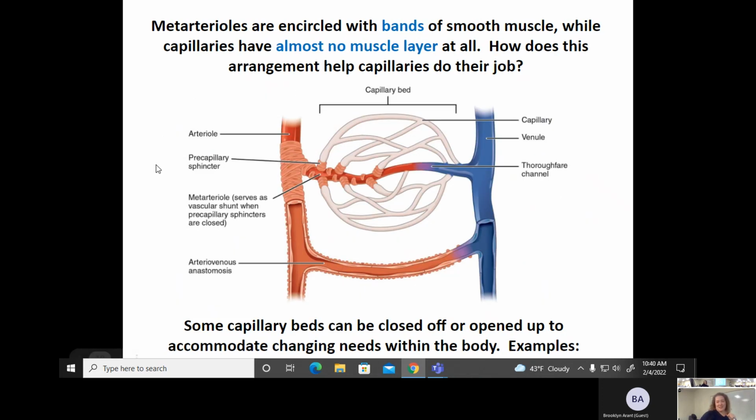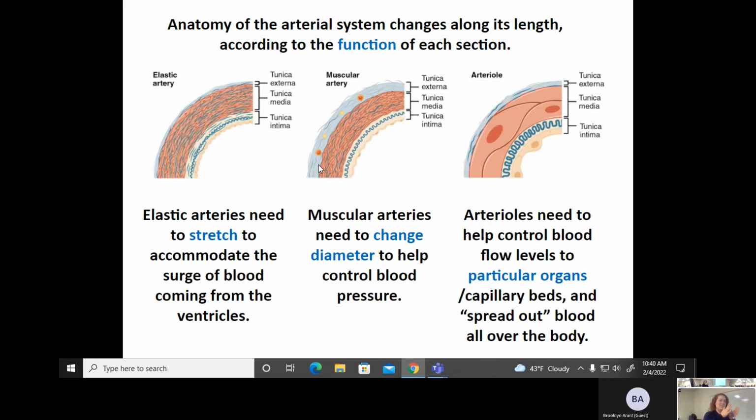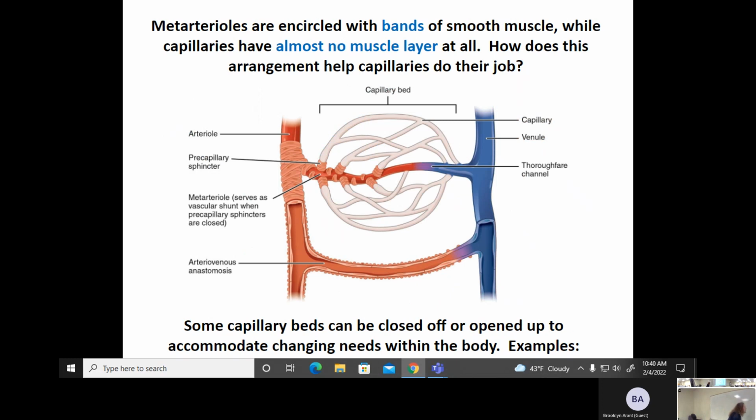Shunt means to kind of direct a substance one way or the other. That's a very tacky definition. But it's about controlling, and this picture will help with that concept. There's that word, shunt.